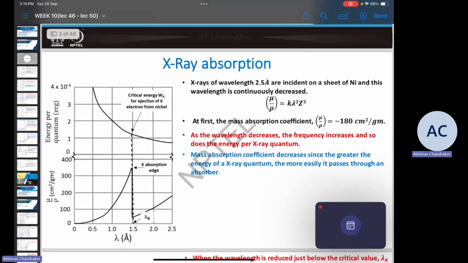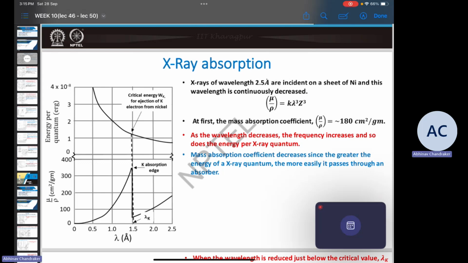So if we have a material and X-ray is incident on it, then we already discussed that part of the incident X-rays will get absorbed. It might get scattered or undergo some other interactions with the specimen.